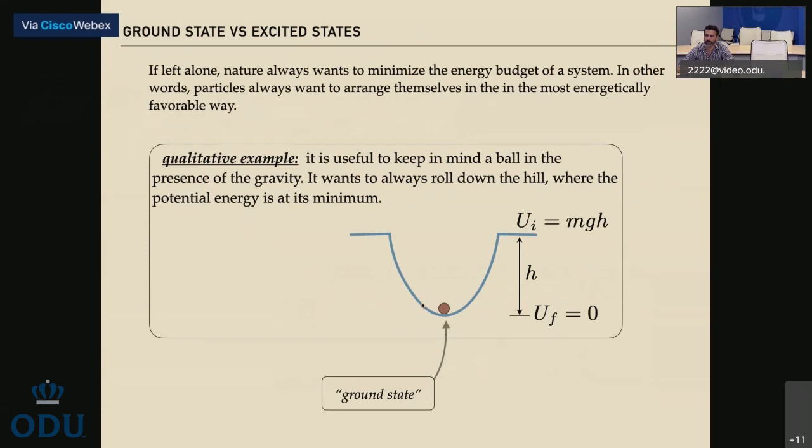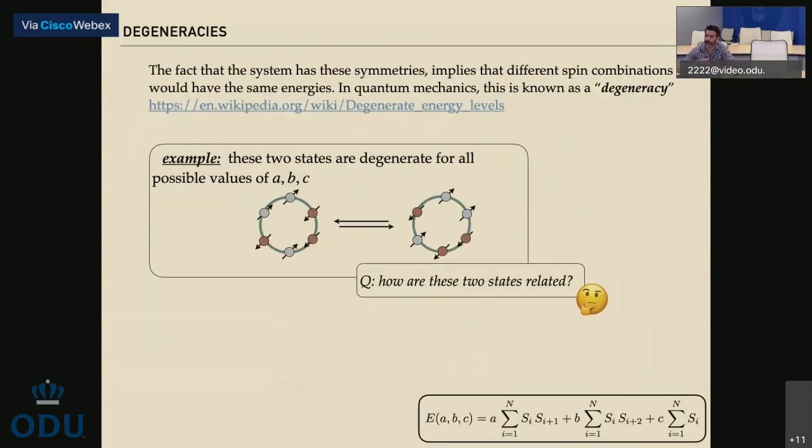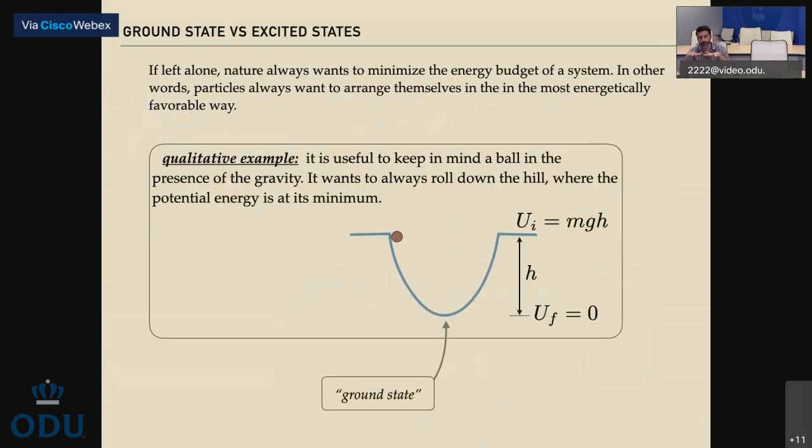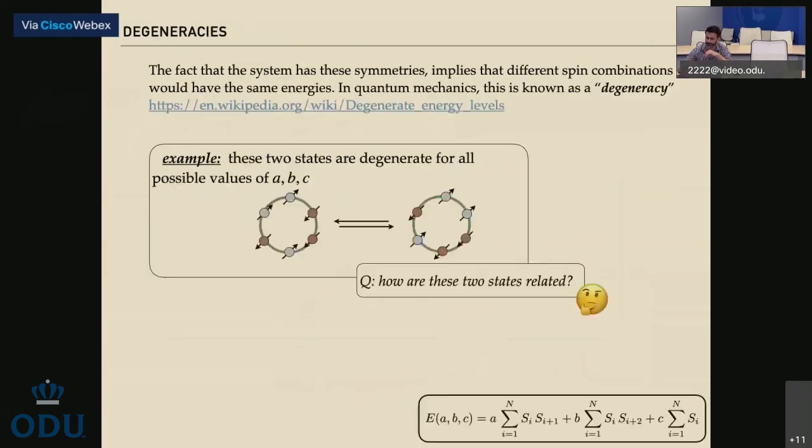Of course, if this started above here and there's no friction, this ball is going to continue going up, okay? But this is just qualitatively how you can think about the system. And so ground state just refers to the minimum energy of the system, and we're going to try to figure out what the ground state is of different systems defined by this expression of the Ising model.